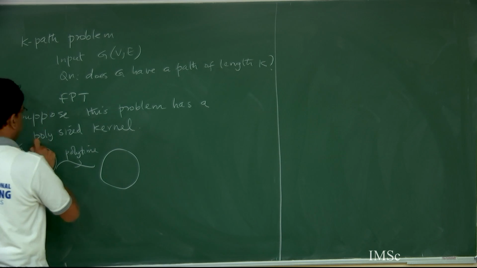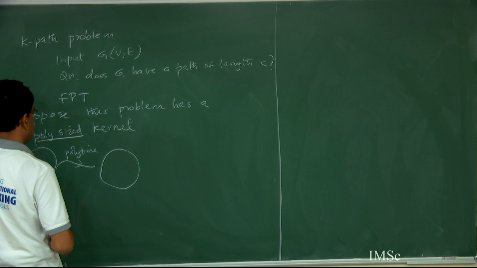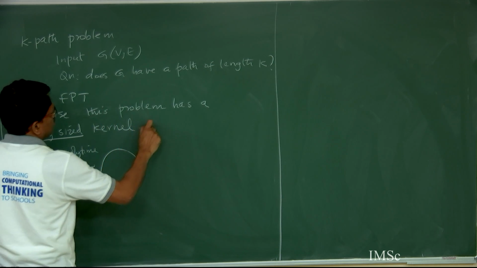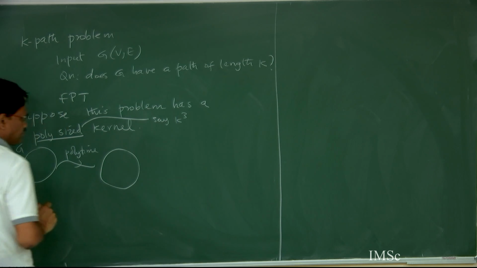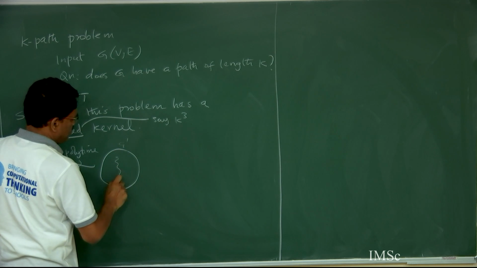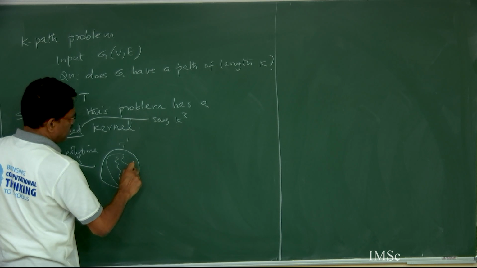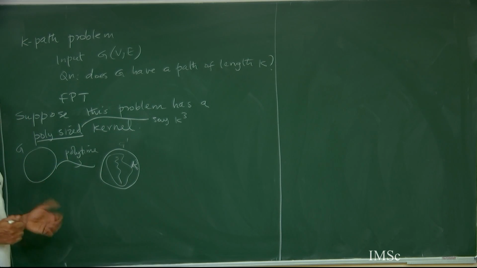So let's say that polynomial size is some k cubed or something. Okay, so now I have this new graph G prime, which has some k cube vertices and edges, and these two are equivalent. There is a path of length k in G if and only if there is a path of length k in G prime.